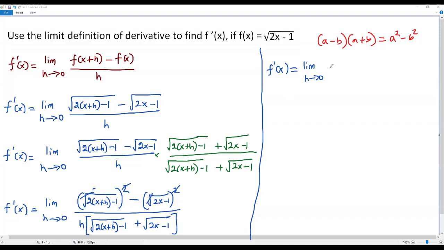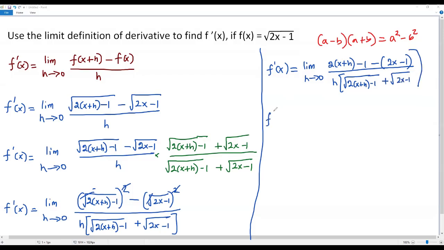So we have 2 times (x + h) - 1 - (2x - 1), because here we have just 2x - 1, and divided by h times (square root of 2 times (x + h) - 1 + square root of 2x - 1).